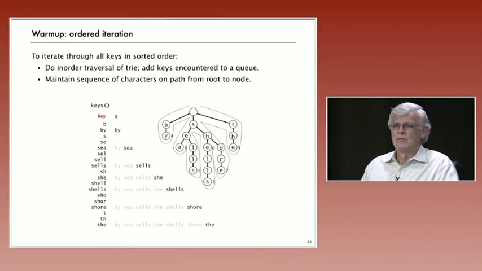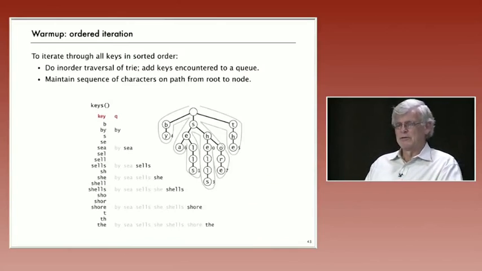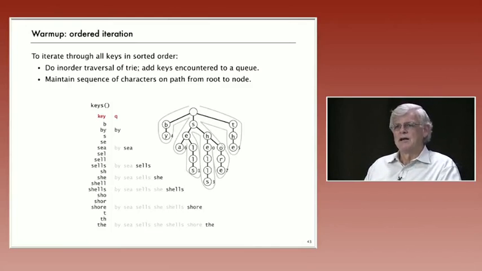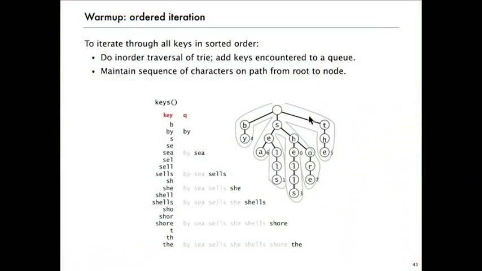One thing that we haven't really talked about, but it's a good warm-up for the kinds of methods that we're going to look at for these implementations, is ordered iteration. And this is trie traversal. So we're going to do an in-order traversal of the trie. That is, visit the left, visit the middle, visit the right.